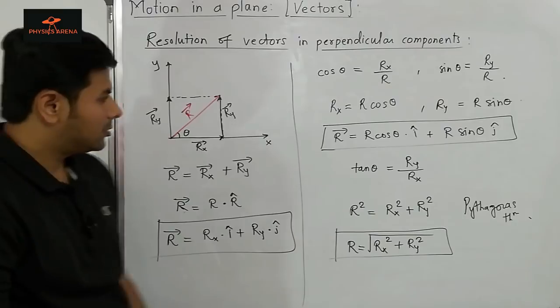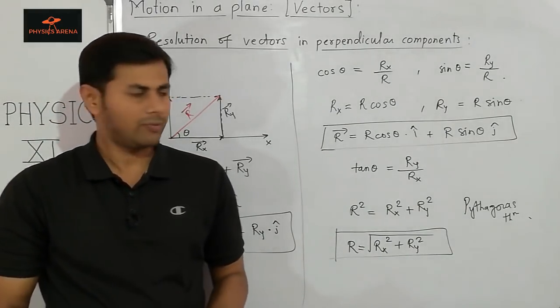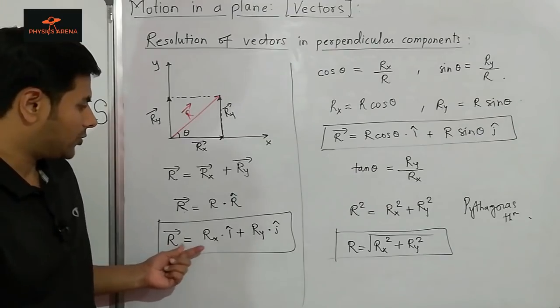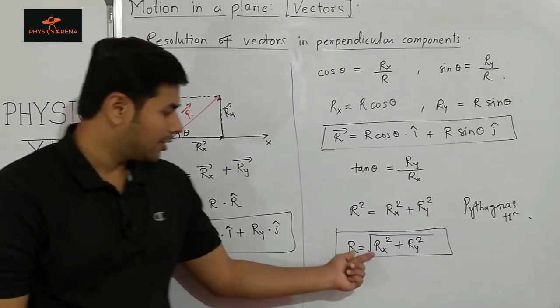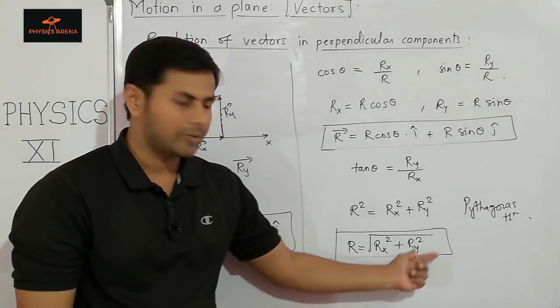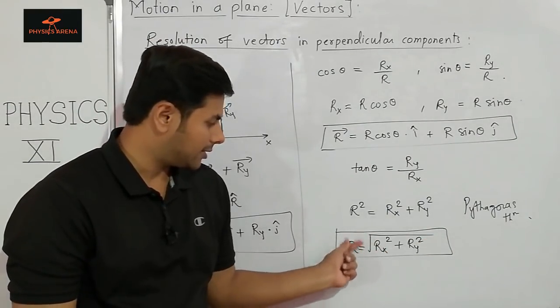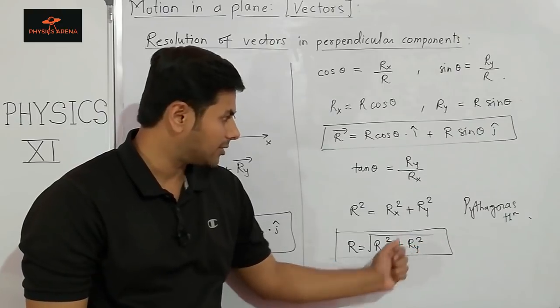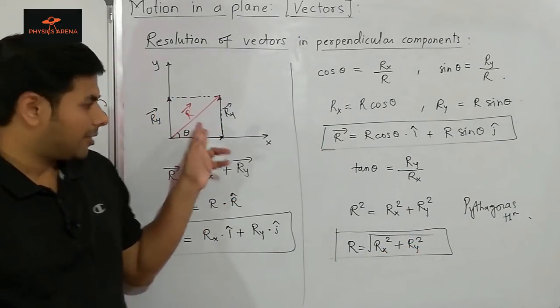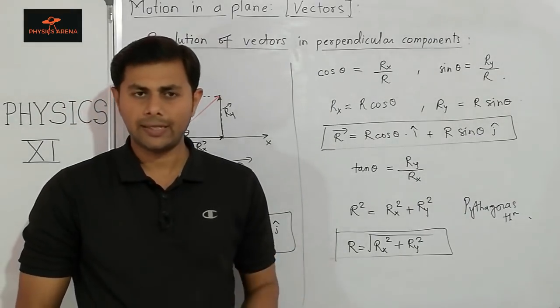Now this is how we resolve a particular vector in rectangular components. So this is resolution. Then we write the magnitude of that vector in terms of these components. So r is equal to square root of rx square plus ry square. And then we find the angle made by the vector with the x-axis.